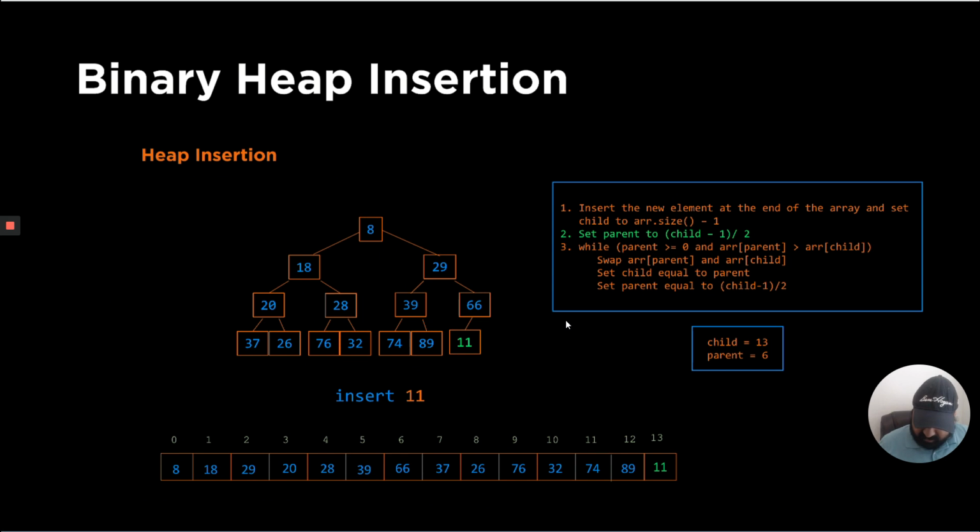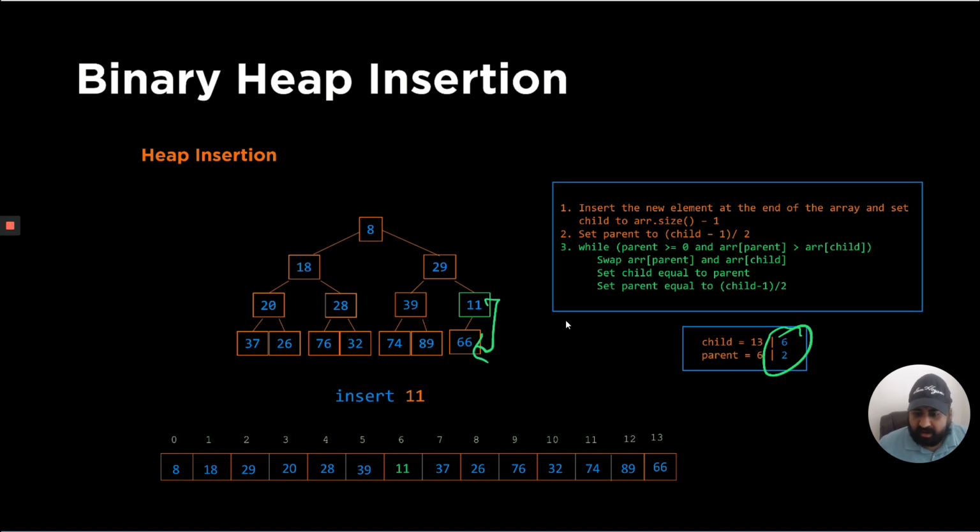So in the next slide, we can see the child and parent were 13 and 6 in the previous case. After this comparison is successful, we have new values of parent and child, which are 6 and 2. Also, we have now swapped these two values.